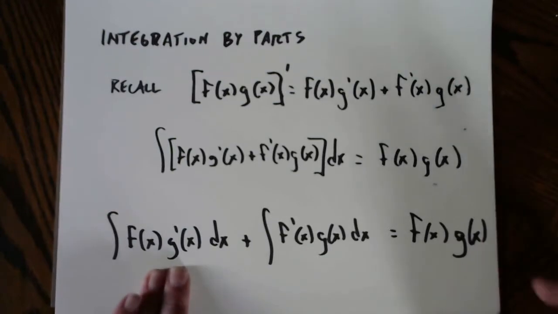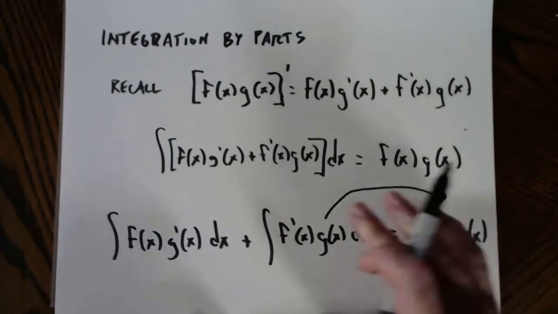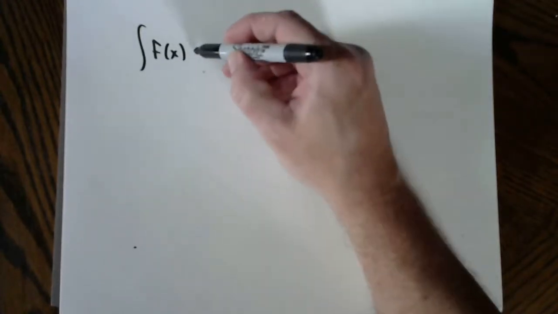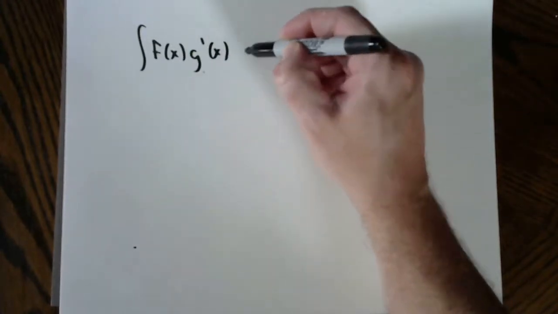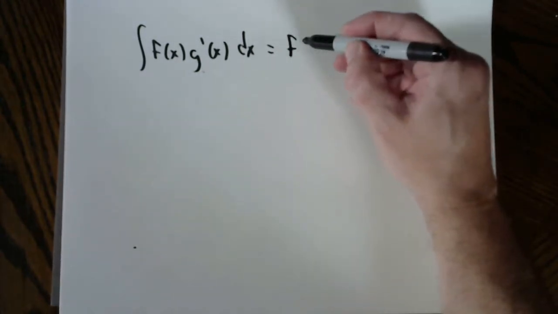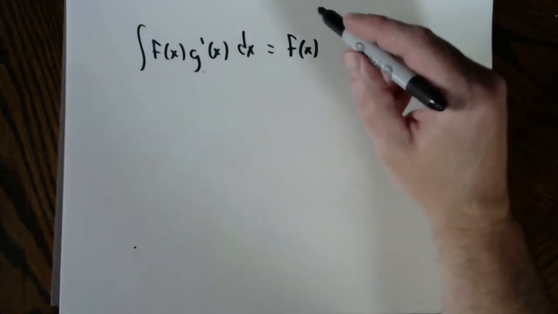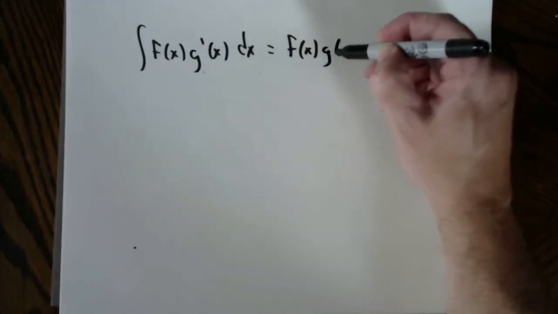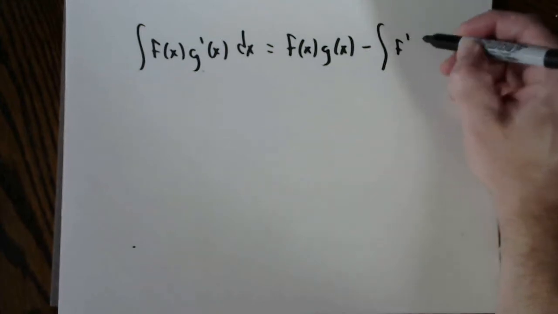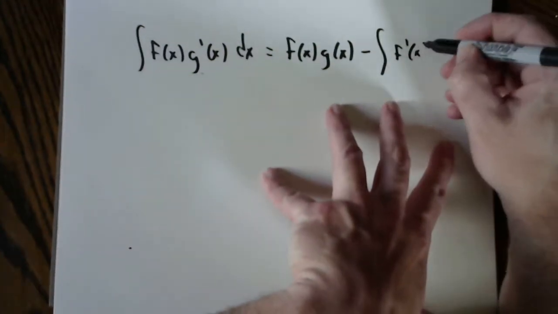I'm just simply going to move this integral to the right-hand side. F, and look back at the other sheet here. FG, right, yeah. Minus integral F prime G.